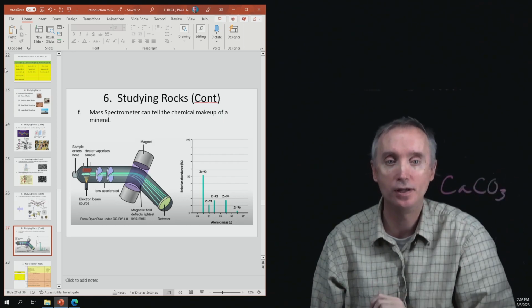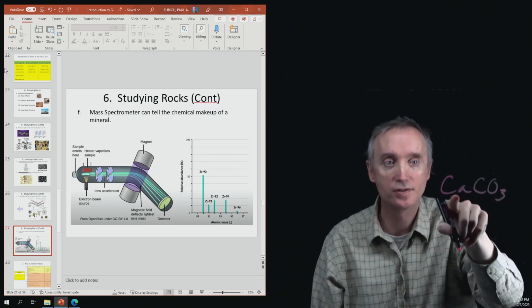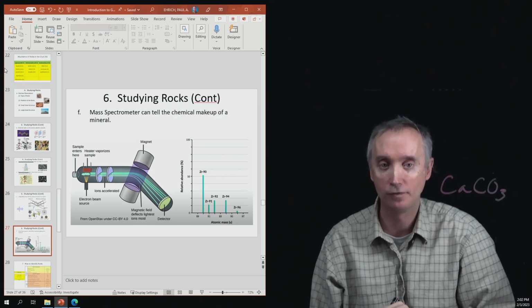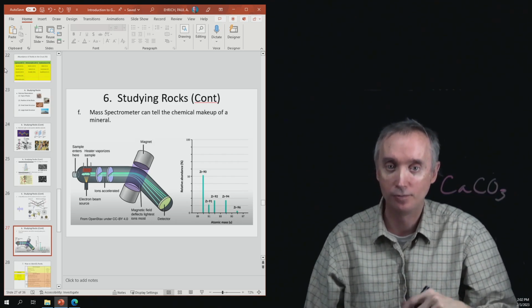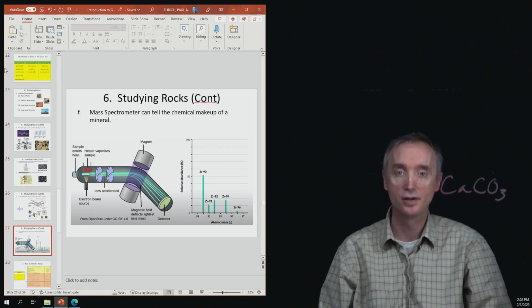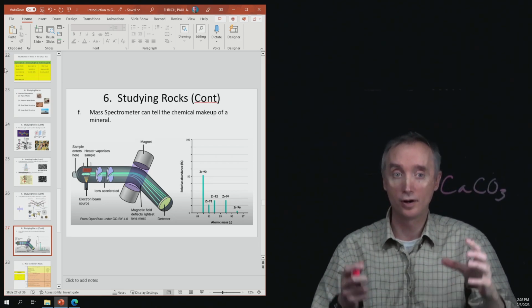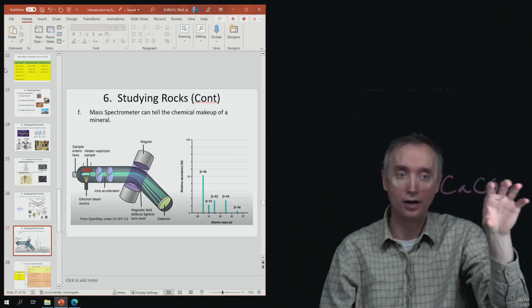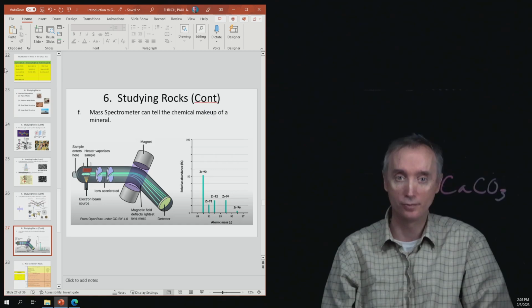If you heated it up enough, you would separate the calcium part from the carbonate part. So that would be a very simple one. But in more complicated minerals, you're going to have more atoms that are glued together, so you're going to have more chunks of that particular mineral.